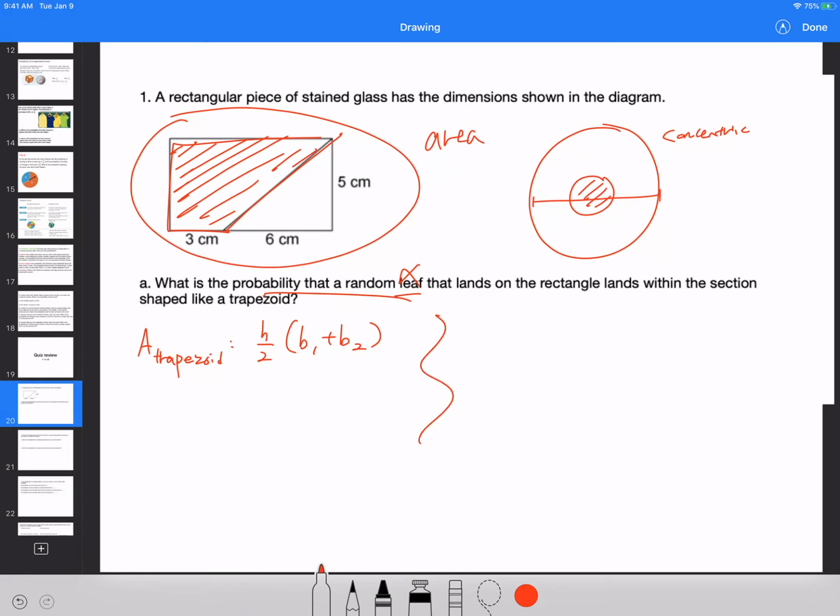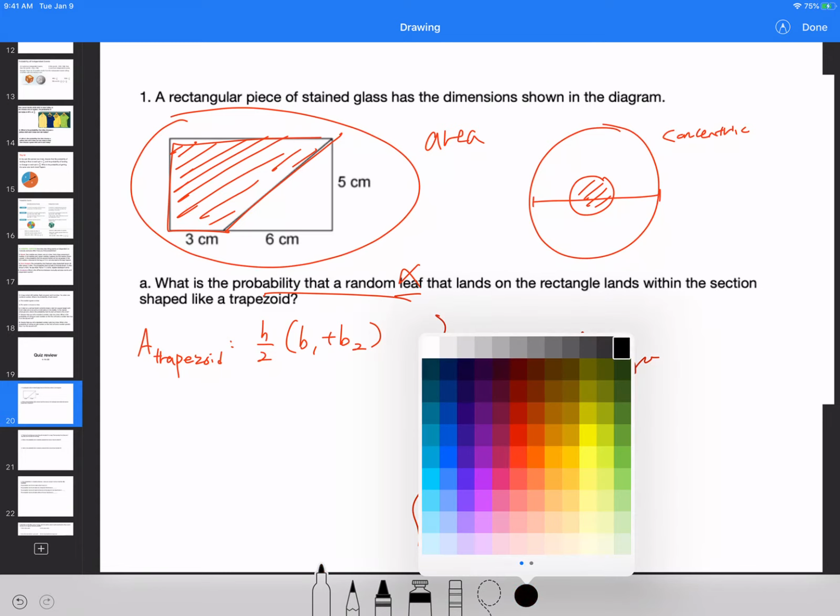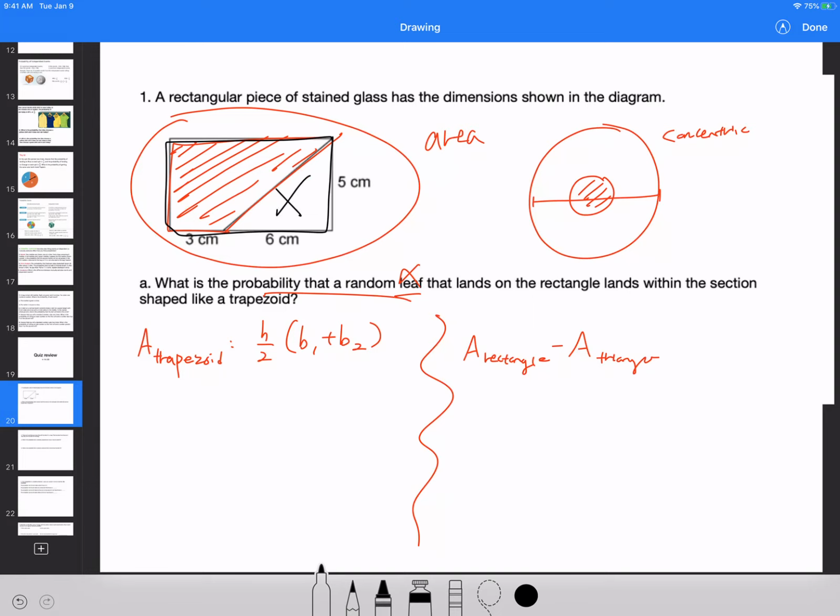Or what you could do is take the area of the rectangle and then subtract away the area of the triangle, because if you subtract this part away from that rectangle, you will get the rest of it, which is pretty much what we're looking for, right? So you could do it this way or this way. It doesn't really matter which way. I would prefer to do this one because it just makes it a lot easier for me to think about rather than having to memorize a separate formula.